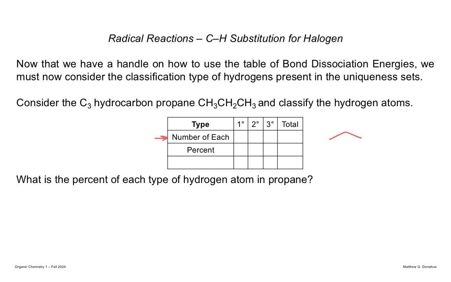So we have C3H8, so we need a total of 8 hydrogens. So for the primary, we have 6, the secondary 2, tertiary none. And then the percent is just that number divided by the total. So 75, 25, 0, 100.